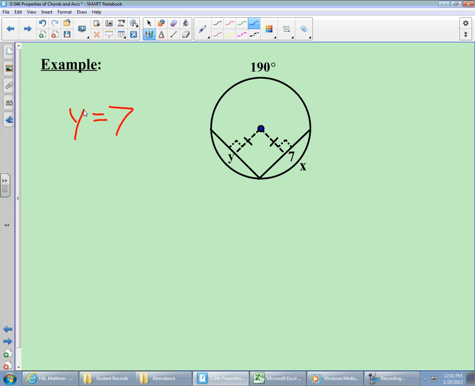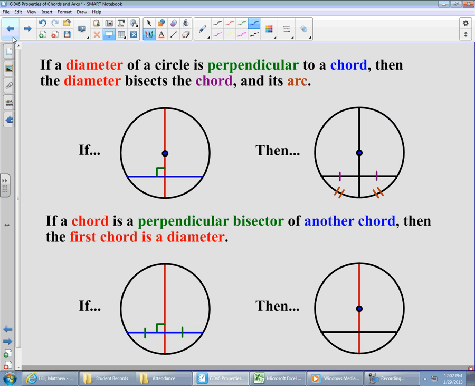Okay. Now what about x? Coming back to x. We said that the chords are congruent. Okay. Do you think that that has any bearing on the arcs that are outside of them? Yeah, it does. We saw it in a small piece in this rule back here. What happened when this chord was bisected?